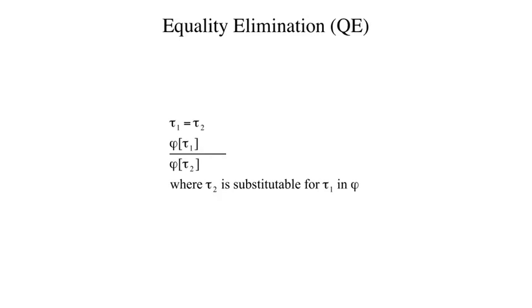In order to avoid unintended capture of variables, QE requires that the replacement must be substitutable for the term being replaced in the sentence. It's the same substitutability condition that adorns the universal elimination rule of inference. Note that the equation in the equality elimination rule can be used in either direction. That is, an occurrence of tau 1 can be replaced by tau 2, or an occurrence of tau 2 can be replaced by tau 1.